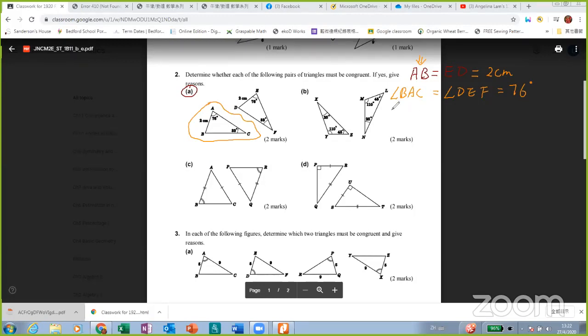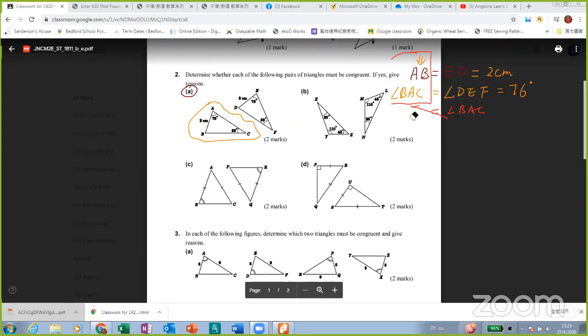If you write it this way, angle DEF equals angle BAC, this is not good practice. We should just keep one side, talking about the same triangle. If you are talking about the one on the left, when you write on the left hand side, you just keep doing that.